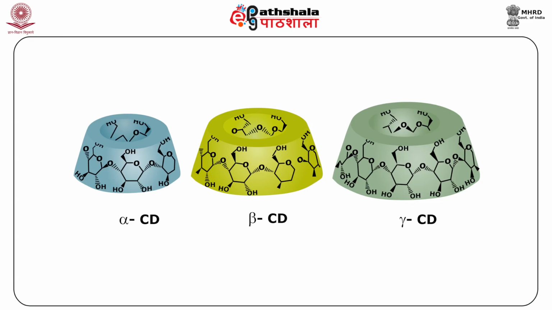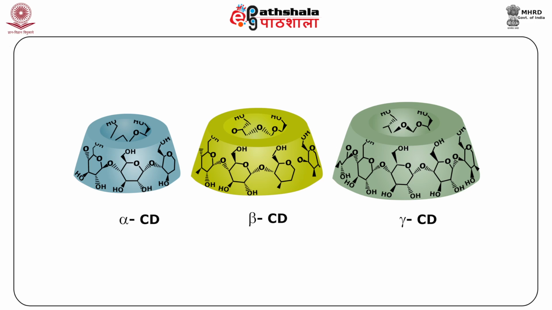In 1903, another scientist, Franz Schardinger, an Austrian microbiologist who is the actual founder of cyclodextrin chemistry, identified two compounds of similar nature, which were crystalline and similar to cellulosin, obtained from bacterial digestion of potato starch, and he replaced the name cellulosin by alpha dextrin and beta dextrin. These were later called alpha cyclodextrin because of their cyclic structure, and beta cyclodextrin.